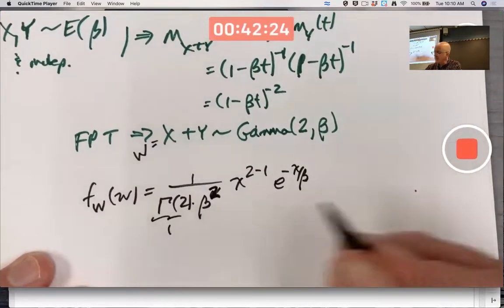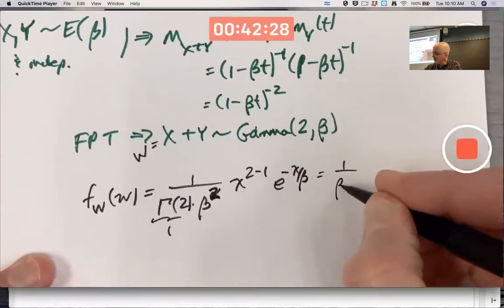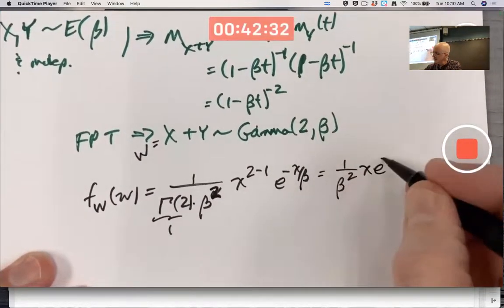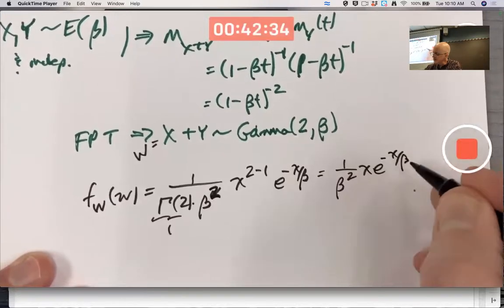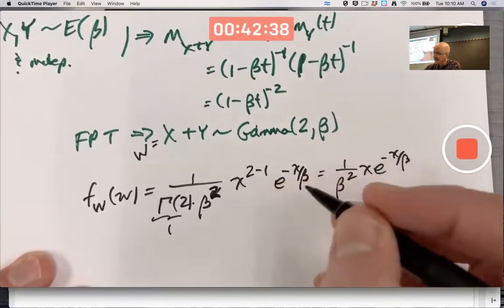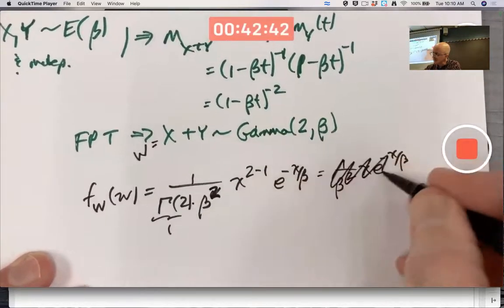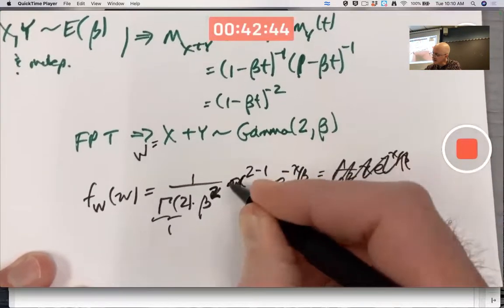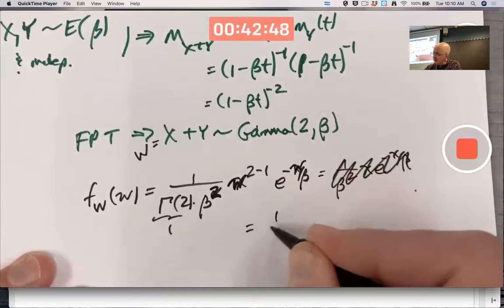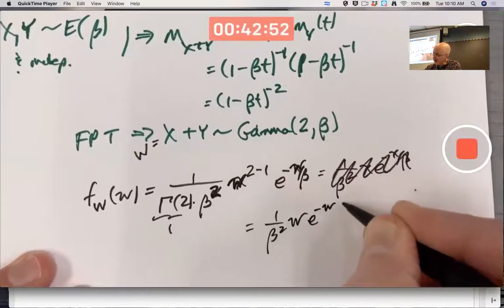Capital gamma of 2 is 1, so this is 1 over beta squared, and 2 minus 1 is 1. There's the PDF. Oops, I should use a W instead of an X. Sorry, this is a W: 1 over beta squared W e to the negative W over beta.